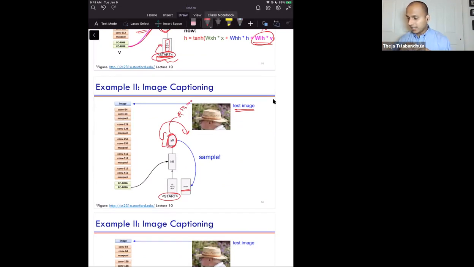Either you can take the word with the highest probability and feed it as the next input, because that's needed to generate the next word in the caption, or you can take a sample from that probability distribution over 50,000 symbols, and that sample would be the input to the next word generation.